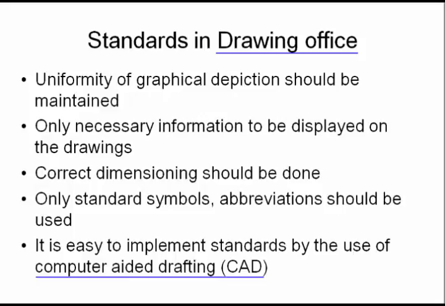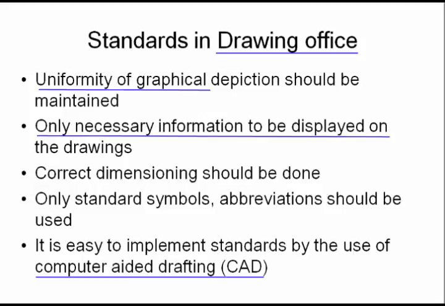So uniformity of graphical depiction has been maintained, or is a requirement to try to maintain by drawing office principles, and other facts like you only put what information is necessary to be displayed on a drawing.